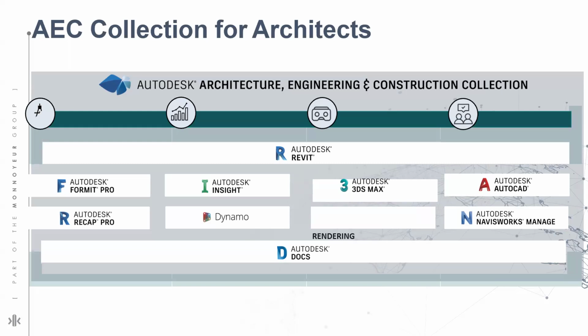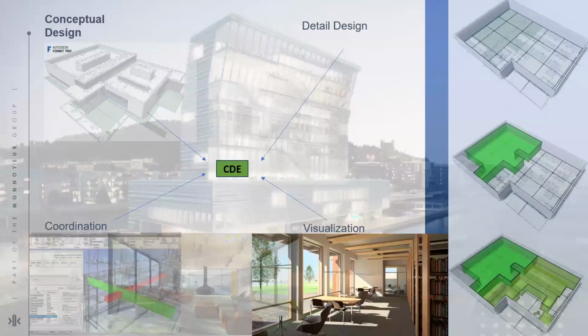Along with Docs, when you go on the cloud, you have a BIM Collaborate Pro option, which is an advanced version where Docs is the base platform for storing files, but for design collaboration and model coordination, you have BIM Collaborate Pro, which is a separate product that works on the cloud.